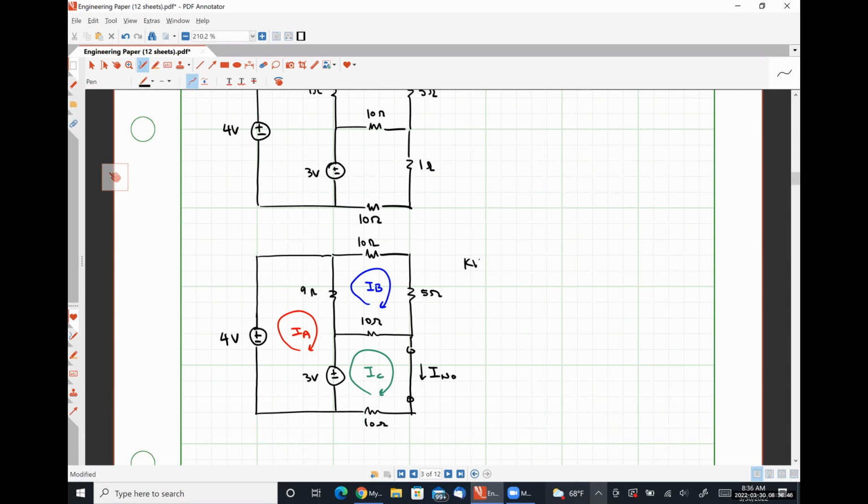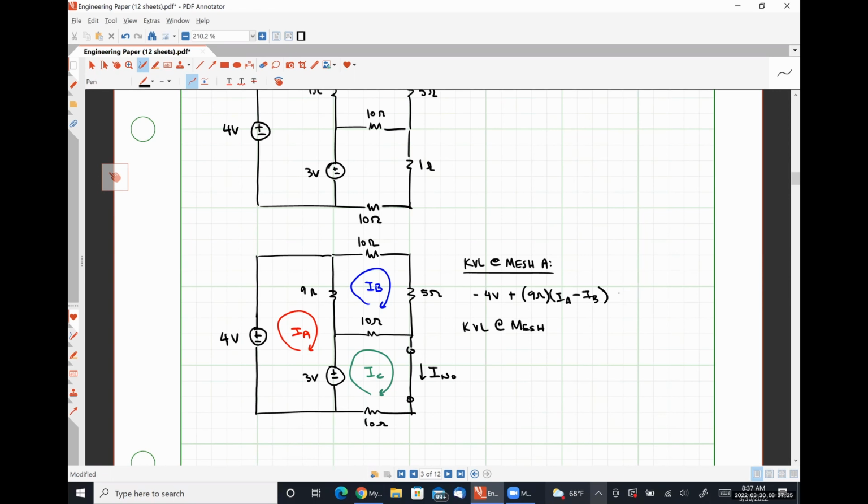So we are ready to write our KVL equations. KVL at mesh A is going to look like -4 volts plus 9 ohms times (IA minus IB) equal to 0. Literally the exact same KVL equation for mesh A that we had earlier. Oh, sorry, thank you.